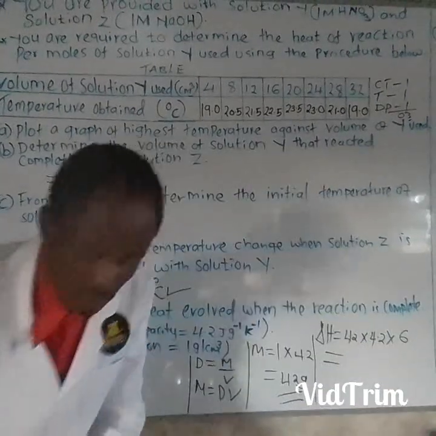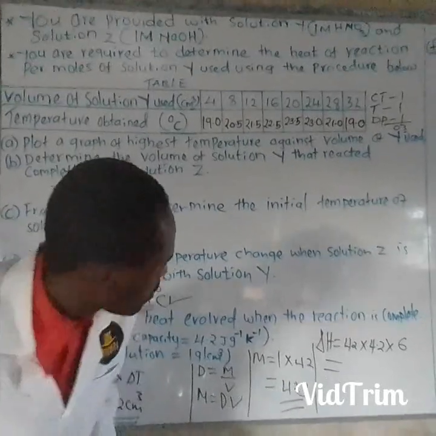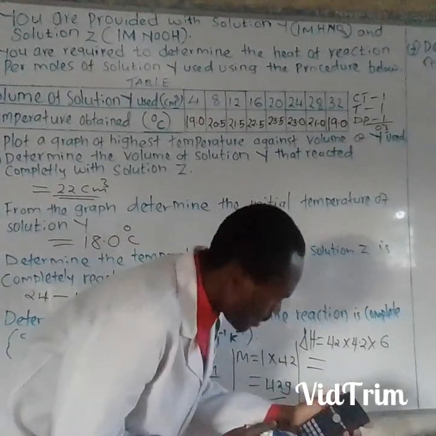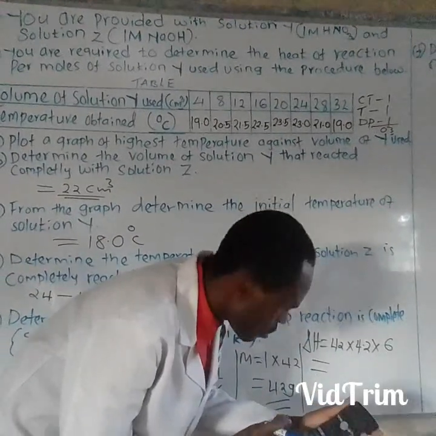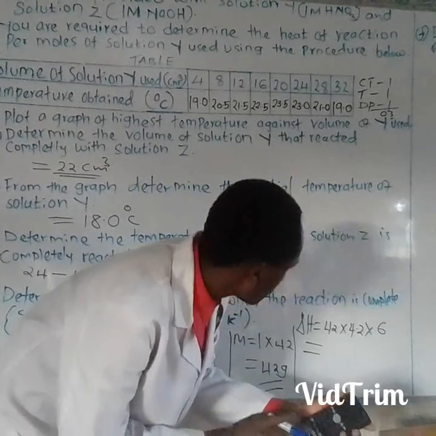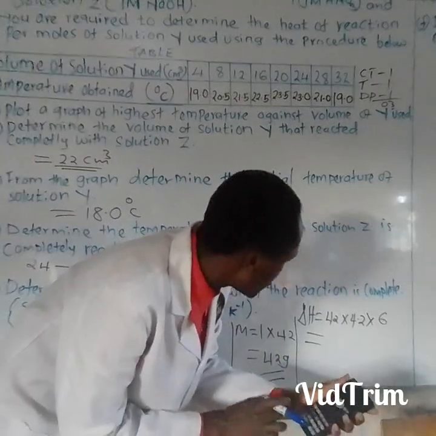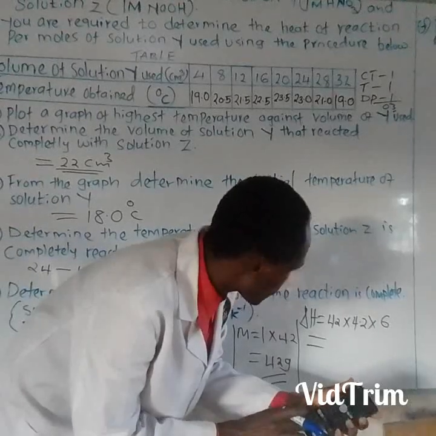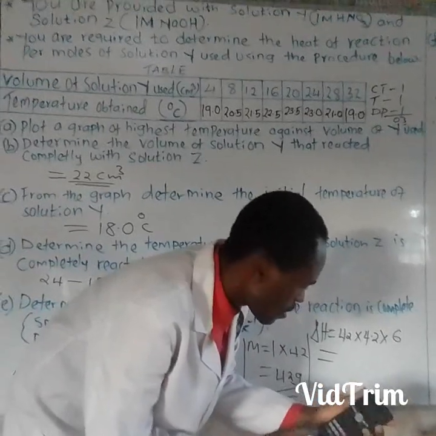So when you multiply those using a calculator, my student, let us see. That is 42 times 4.2 times 6.